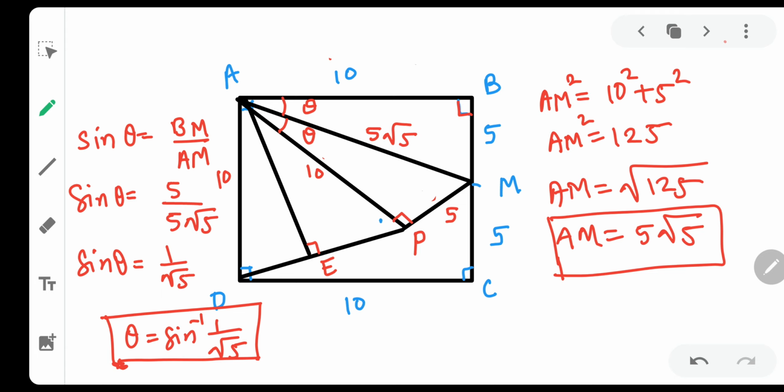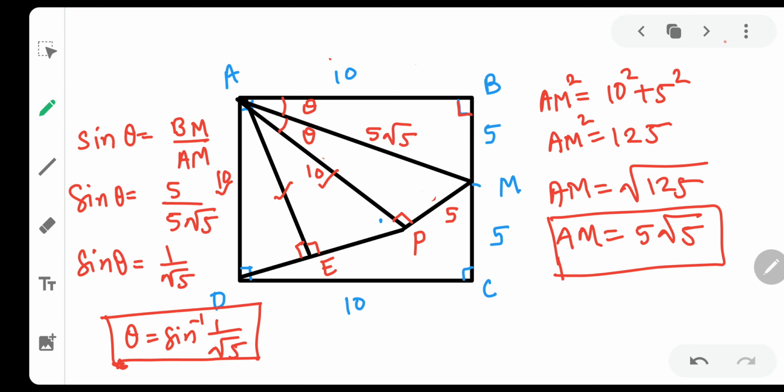So this AE is perpendicular to DP. Now consider triangle AED and AEP. The hypotenuse 10 is equal. There is a common side and there is 90 degree. So it is very much of a common sense that these two triangles are congruent. And there is one more thing.